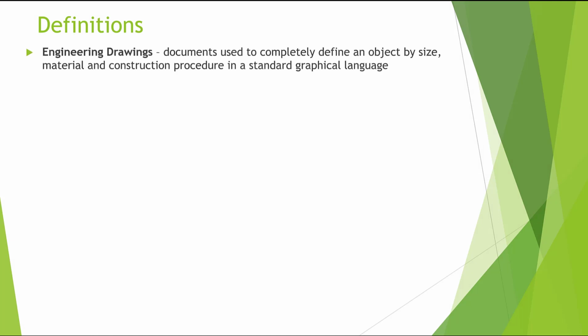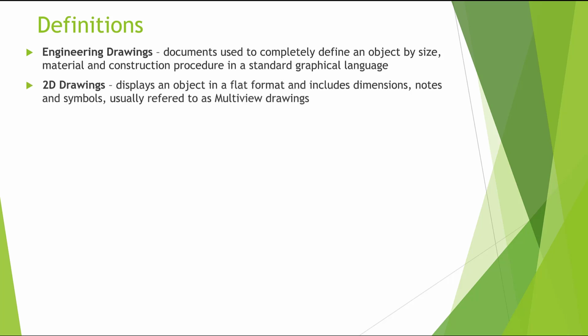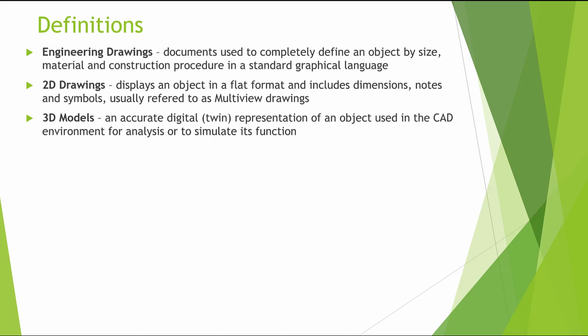Engineering drawings completely define an object by size, material, and construction procedure. 2D drawings display objects in a flat format and include dimensions, notes, symbols, and are usually referred to as multi-view drawings. 3D models recently have become referred to as digital twins because they are an exact representation of an object and can be used for analysis or to simulate its function in an assembly.